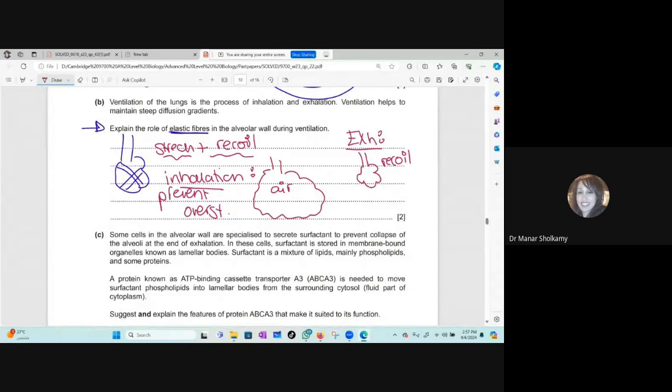So the elastic fibers allow stretch when you inhale, but prevent overstretching so the alveoli do not burst, and they allow recoiling when you exhale to push out the air. If recoiling was not possible, the air would be trapped and the alveoli would burst. So in both cases, if they were not there, it would burst. That is why it is very important.